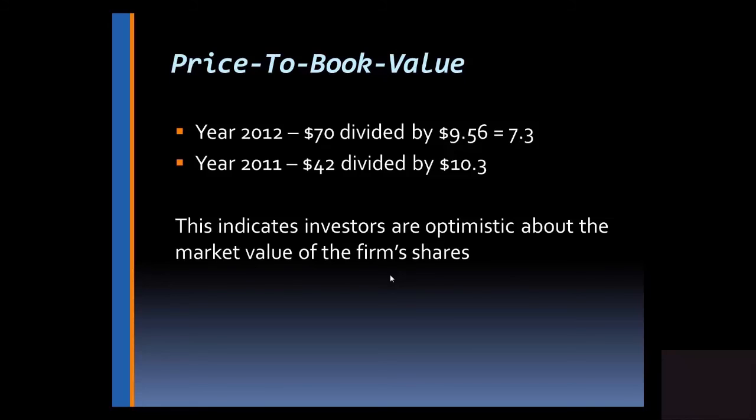So in other words, this means that the stock was trading at 7 times the book value of the share. And if you remember, the book value of a share of stock is the stockholders' equity divided by the average number of shares outstanding. Tremendous different multiple here. So they're very optimistic about the future of this company.